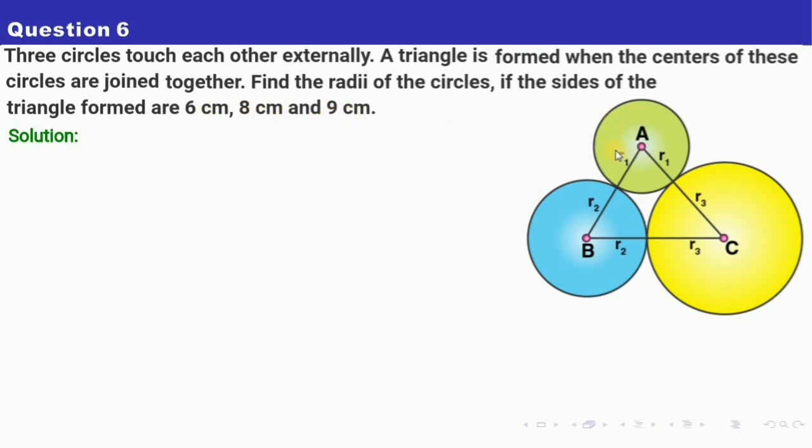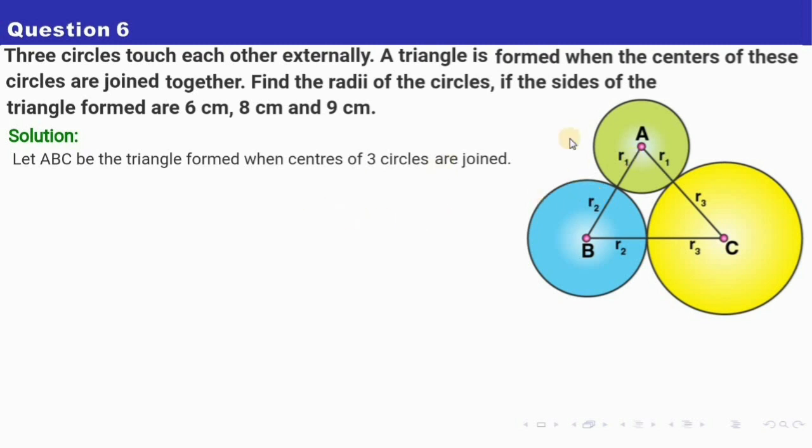Now let me call the radius of this green circle R1. Similarly, R2 is the radius of the blue circle, and R3 is the radius of the yellow circle. Let ABC be the triangle when the 3 centers are joined. Now AB can be written as R1 plus R2, right?